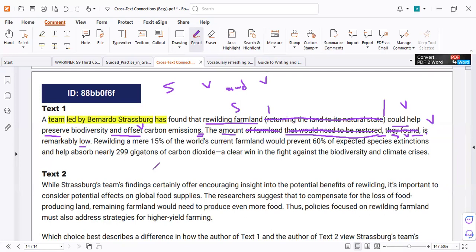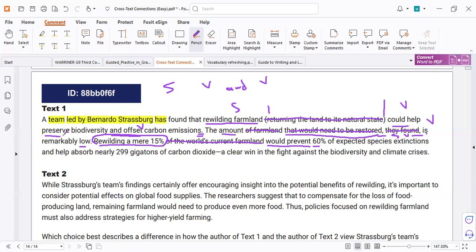I'd just like to correct and collect the information after the other author. Again, rewilding a mere 15, and a mere means just like only, exactly, 15% of the world's current farmland. So preposition phrase, delete. What would prevent? Rewilding 15. So rewilding a mere 15 will prevent 60 of expected species extinctions, and that's evidence for preserving biodiversity.